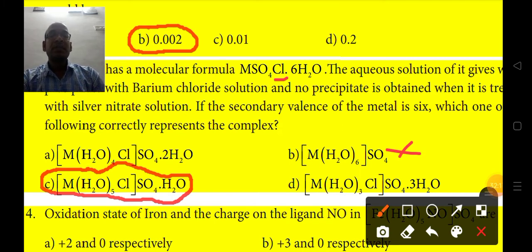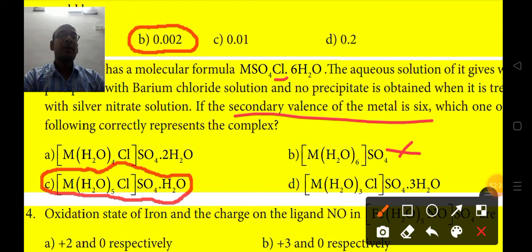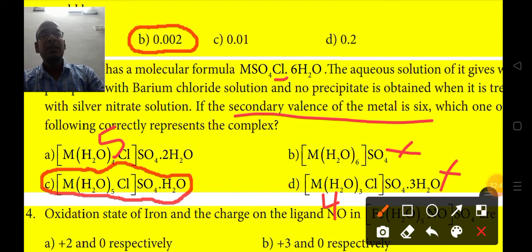Using the second point, that is the secondary valency is 6: in option A, coordination number is 5. In option D, coordination number is 4. Therefore option A and option D are wrong. Therefore remaining one is C, that is coordination number of this is 6.